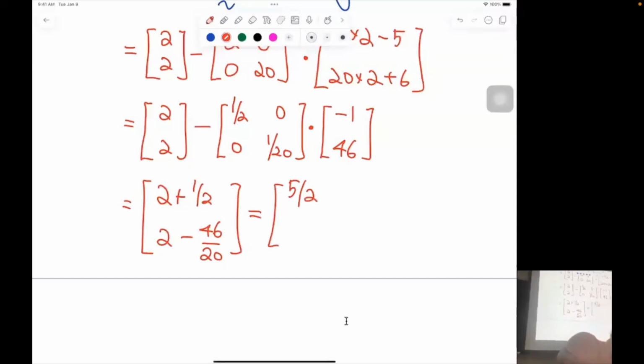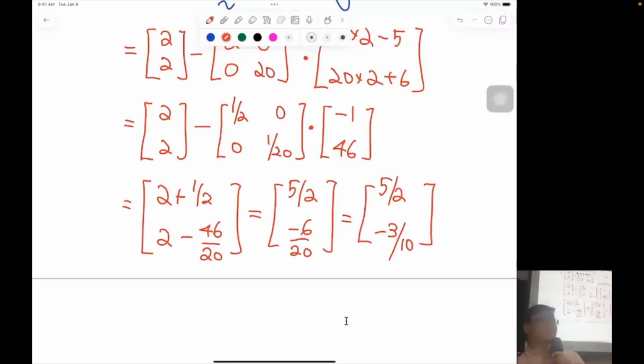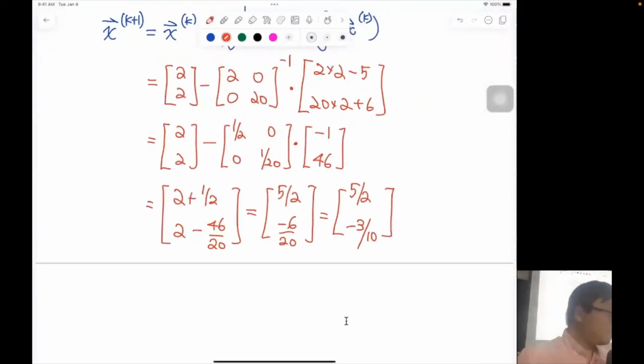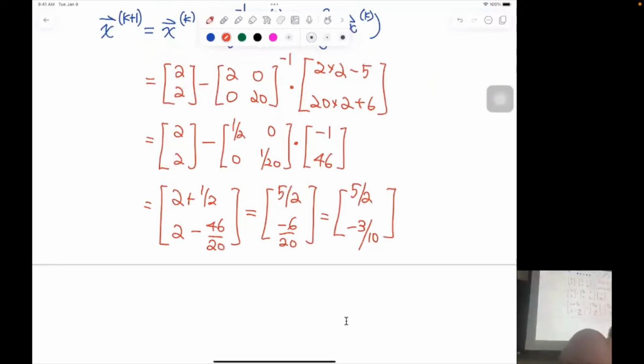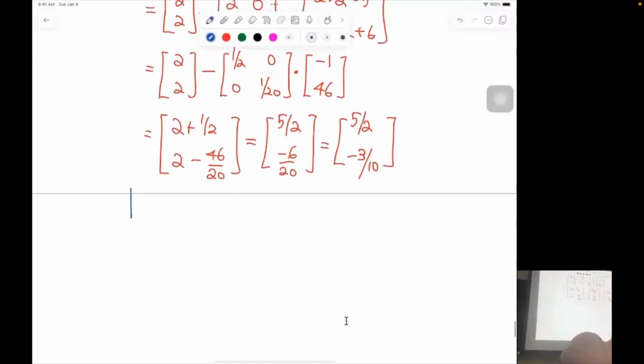This is gonna be 20 negative 6. So it's gonna be, sorry, 5 over 2 and negative 0.3, right? Now, remember for Newton's method, you need to do a convergence check. What do you check this time?